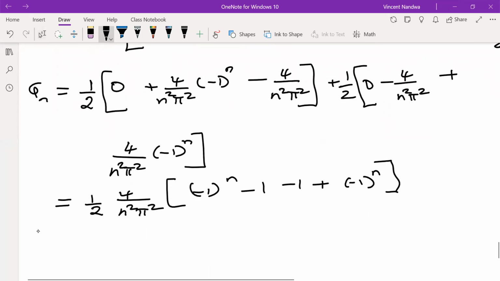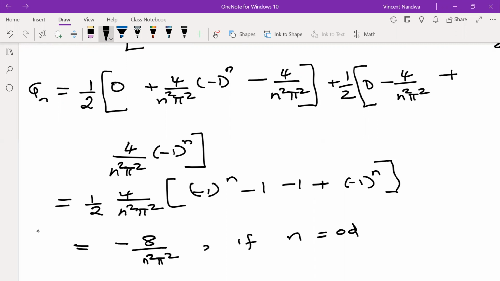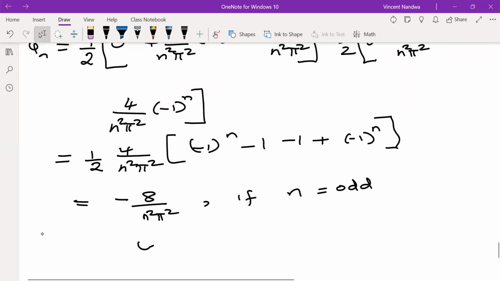So this reduces to minus 8 over n squared pi squared if n is odd, and we get 0 if n is even. Because when n is even, this will be positive, this will be positive. So 1 minus 1 is 0, minus 1 plus 1 is 0. So 0 times this factor, we get 0.